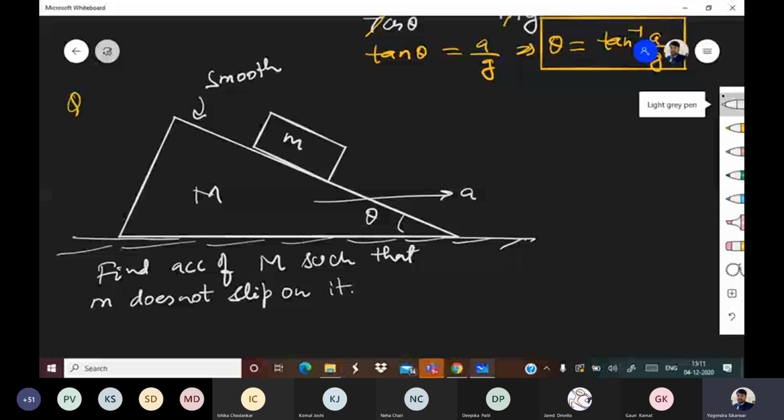So in this question, again, we are going to solve this in the wedge's frame.